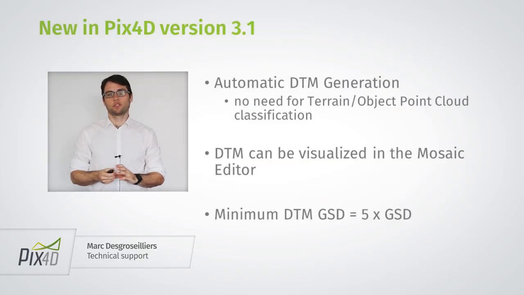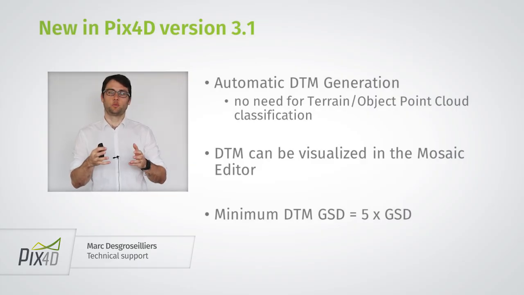It's a new feature in version 3.1 of the Pix4D software that the DTM generation is fully automatic. The DTM is also better integrated in the software in the sense that you can visualize it in the Mosaic editor. That means that the point cloud classification, which was present in previous versions of the software, has been removed.